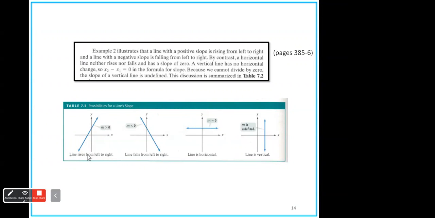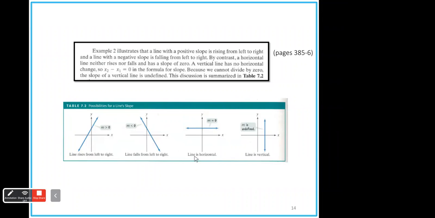The line is going to rise from left to right, just like what you see here. Anytime it's less than 0, that means it's going to be negative. Then the line is going to be falling as you move from left to right.